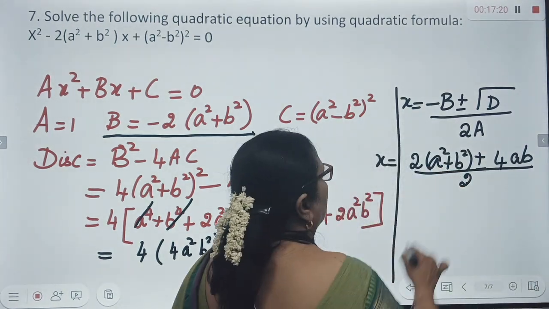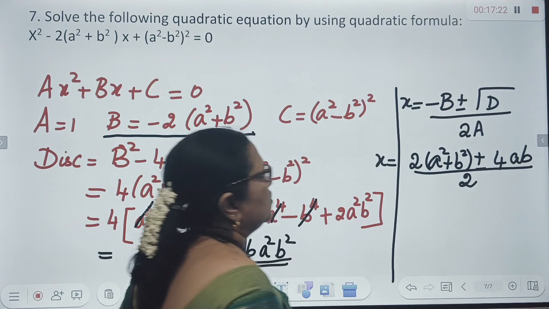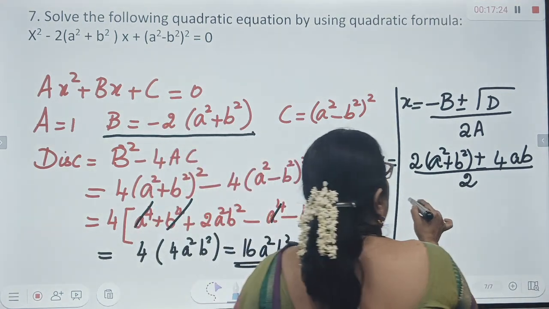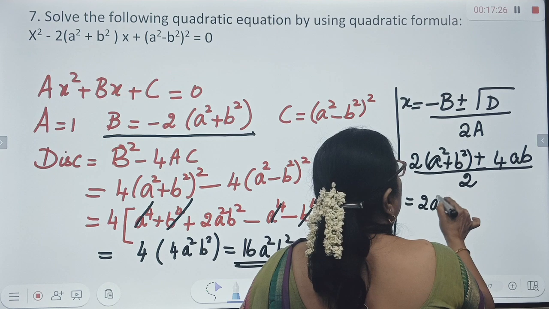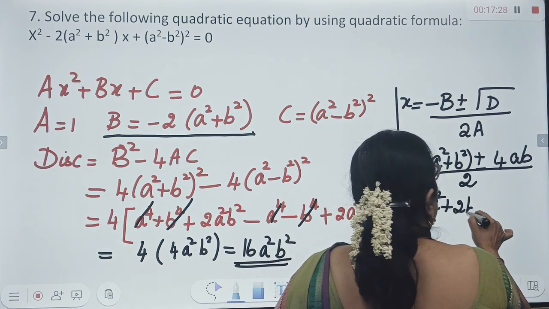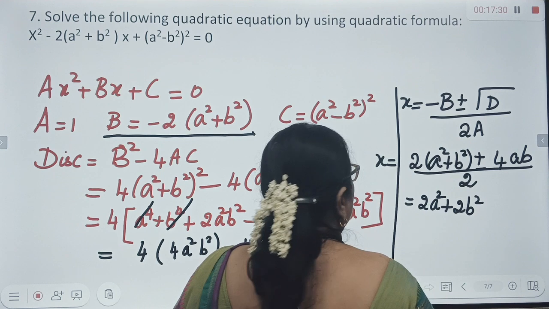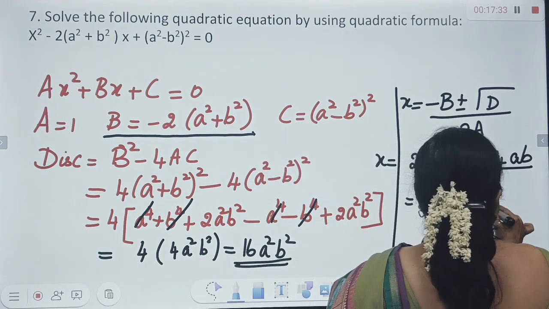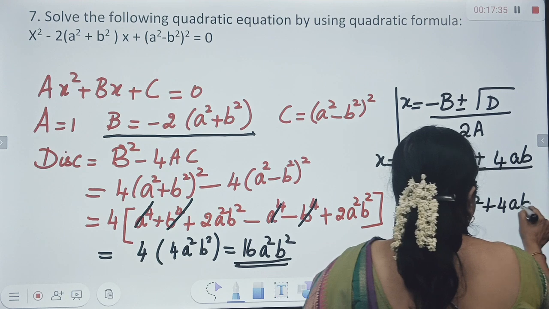A is the coefficient of x square, which is 1. So this is 2a square plus 2b square plus or minus. So plus 4ab by 2.